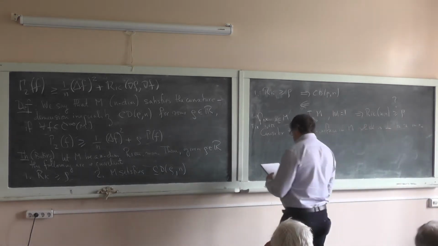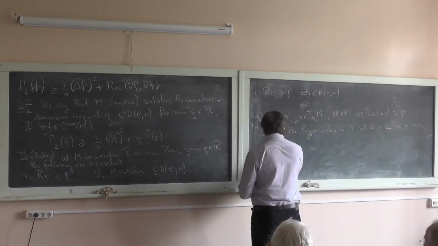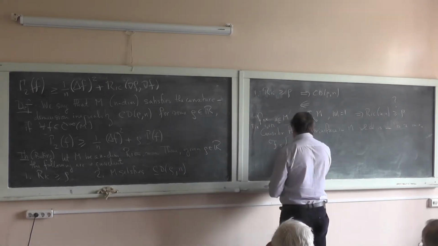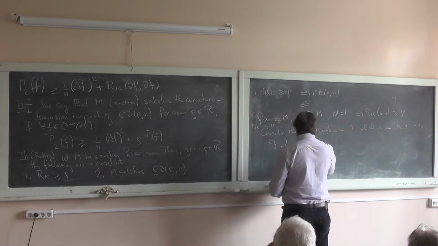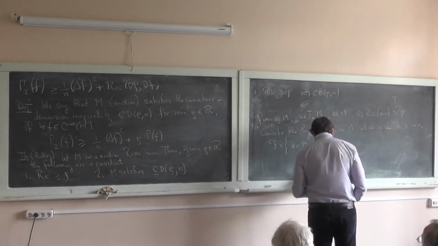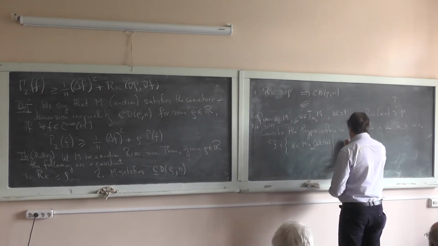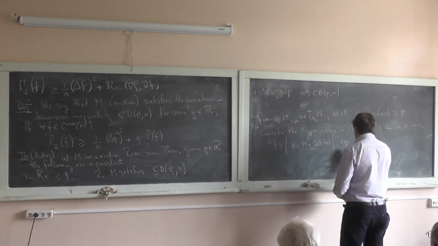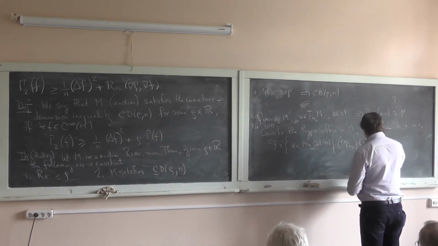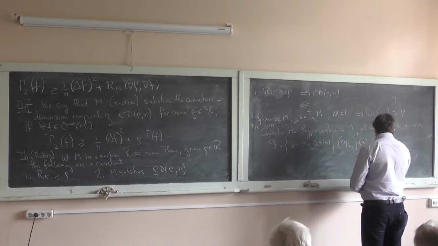Okay, so I'll write it as script F. Script F is the collection of points in M outside of the cut locus of x0 such that the exponential map at x0 inverse of x is perpendicular to u.